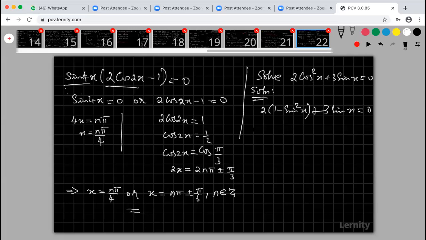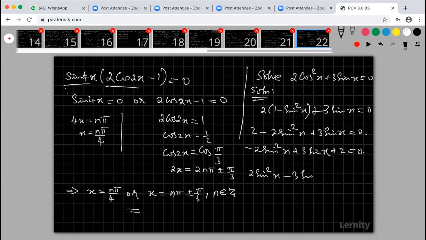So this is 2 minus 2 sin square x plus 3 sin x equal to 0. So this is minus 2 sin square x plus 3 sin x plus 2 equal to 0. Multiply by minus, and this is 2 sin square x minus 3 sin x minus 2 equal to 0.